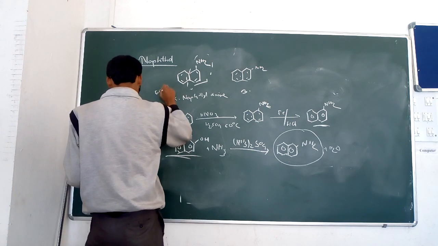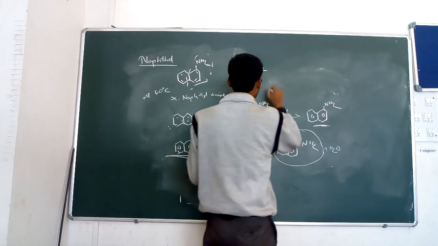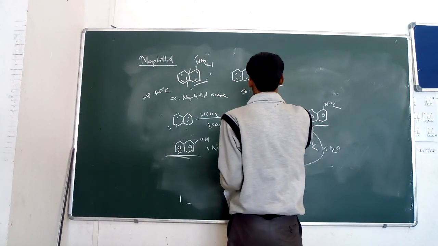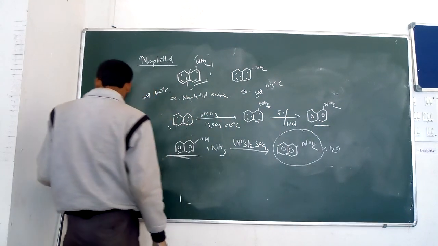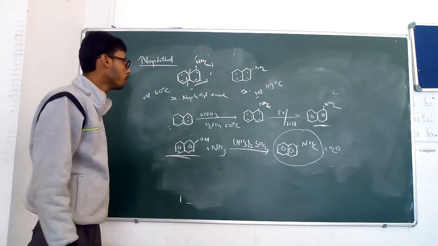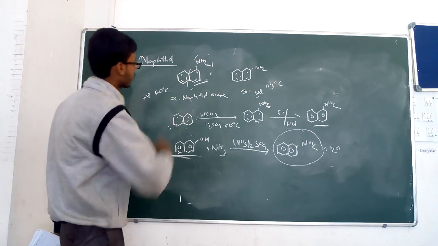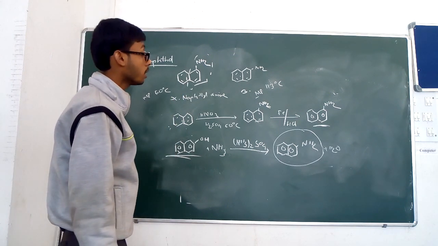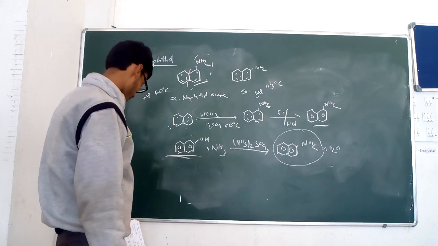Now the properties: it is a colorless solid, alpha naphthylamine has a melting point of 50 degrees Celsius and beta naphthylamine has a melting point of 113 degrees Celsius. It is insoluble in water and soluble in organic solvents like ether and chloroform, and its chemical reactions resemble aniline.